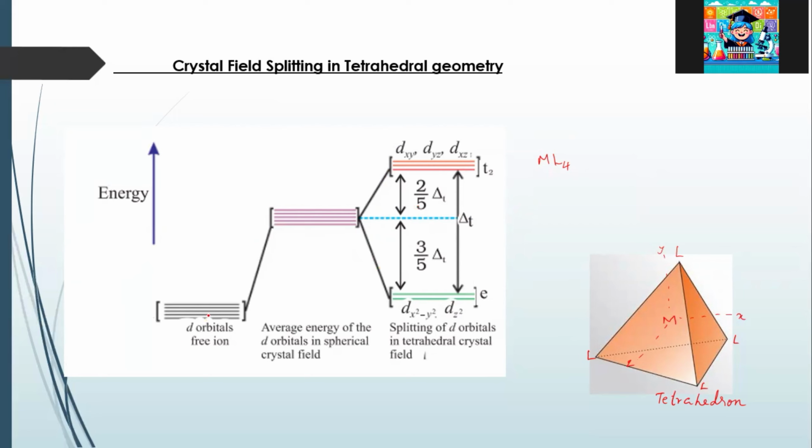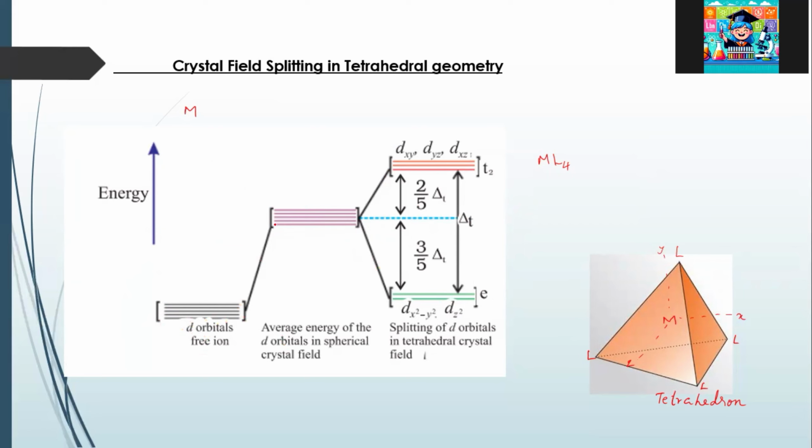So here, as we see in the case of octahedral geometry, this is a free metal ion's d orbitals. Free metal ion d orbitals are at a certain energy, and when these d orbitals are in a spherical crystal field, that is, in a uniform crystal field, their energy gets raised because of the interaction of the ligands' electronic field.